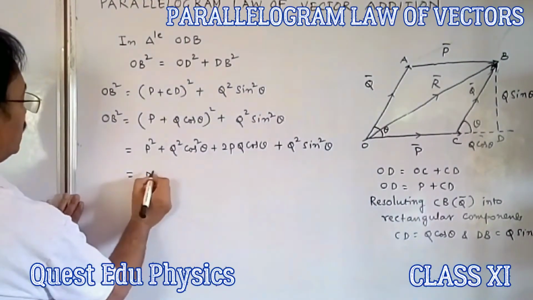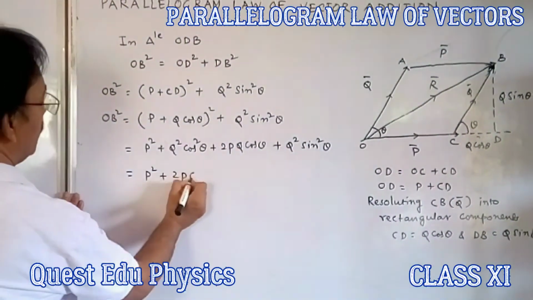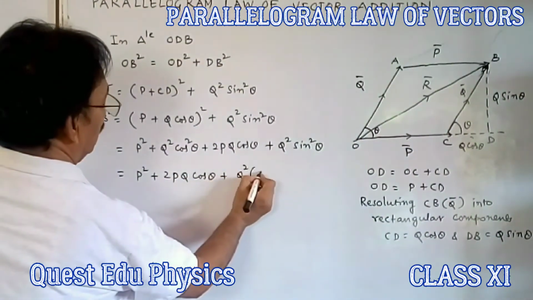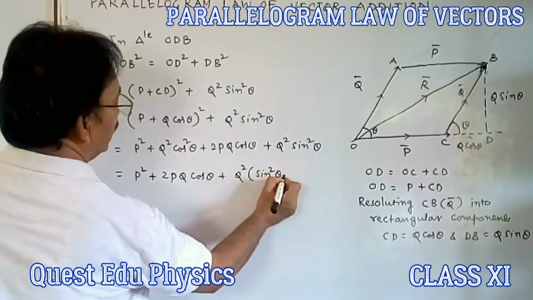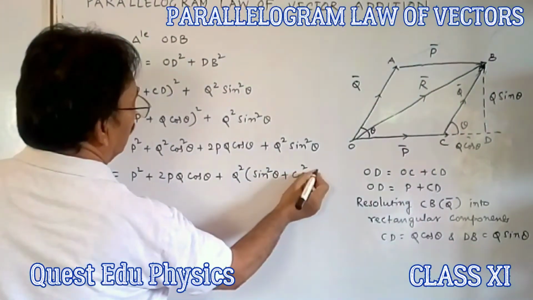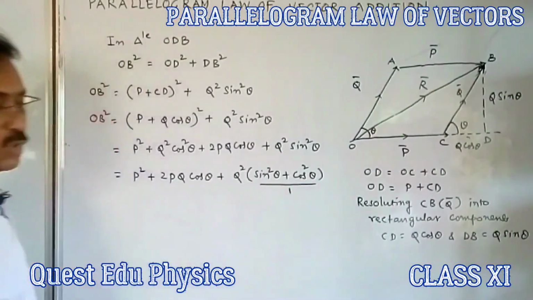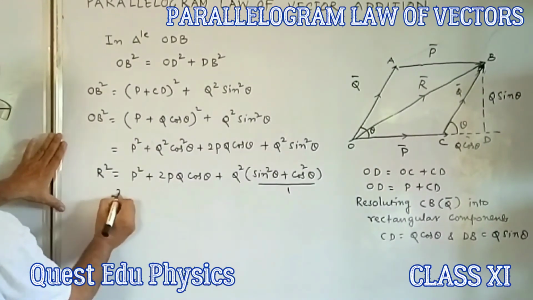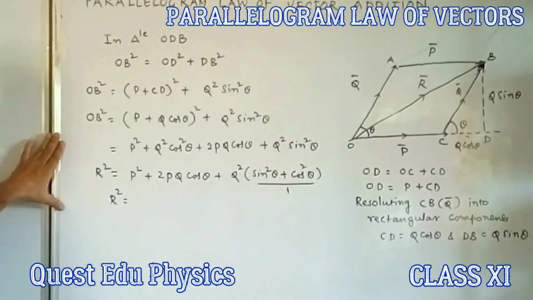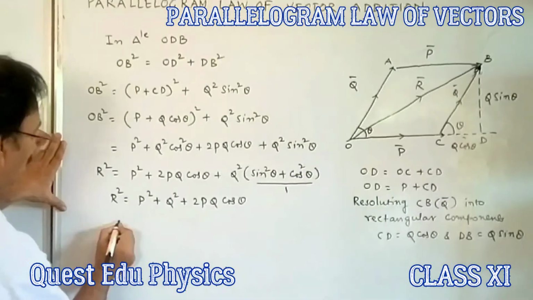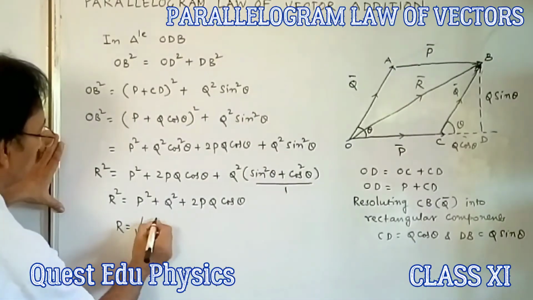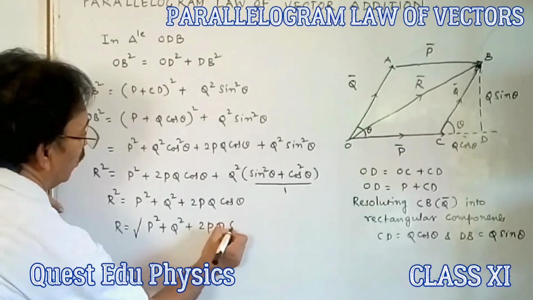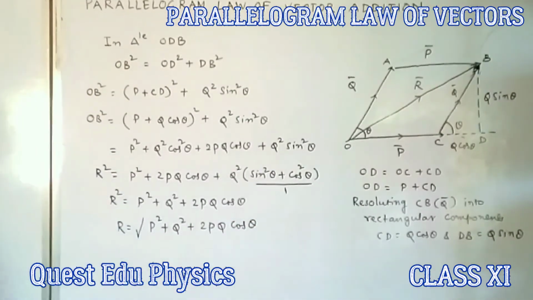And it can also be written as P square plus 2PQ cos theta plus Q square times sin square theta plus cos square theta. As you know, sin square theta plus cos square theta is equal to 1. Then OB is R squared, or the resultant R is equal to under root of P square plus Q square plus 2PQ cos theta. It is the desired relation.